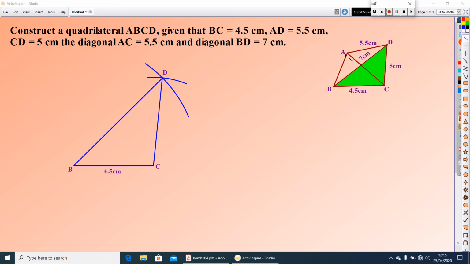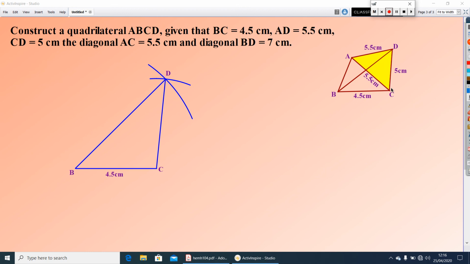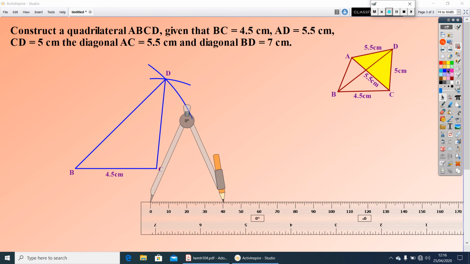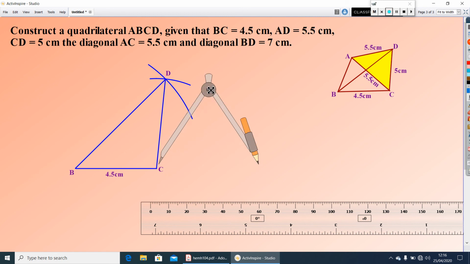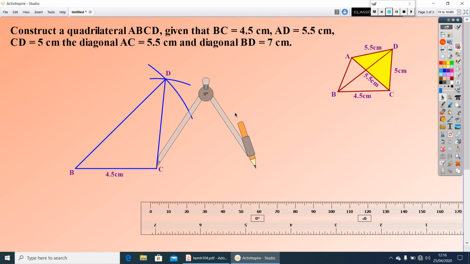Now how will you get the point A? To get A, we have to take 5.5 centimeter from D and 5.5 centimeter from C also. So with the center C, radius 5.5 centimeter, draw an arc. Since A is on the same side of D, you can draw on the same side.